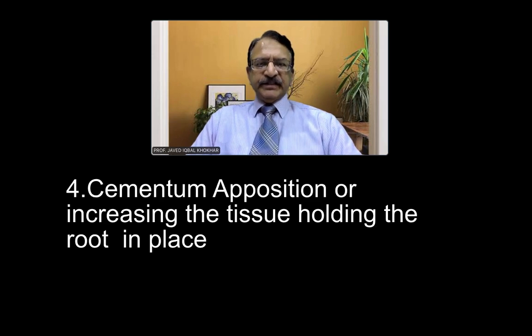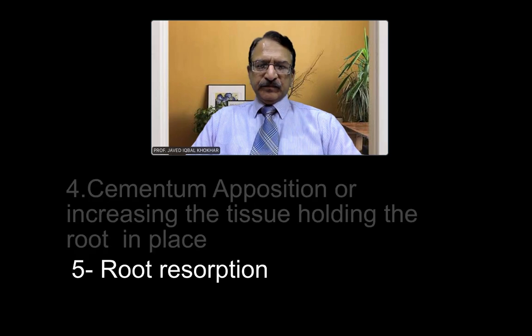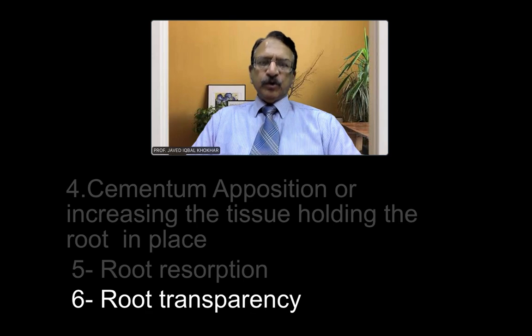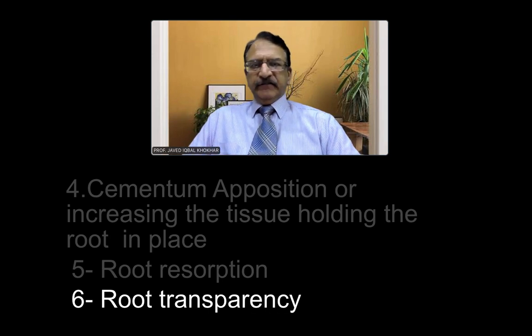And the fourth is cementum apposition, or increasing the tissue holding the root in place. Then there are root resorption and root transparency. These are 6 changes which advance with advancement in age, and from these changes we find out the age.